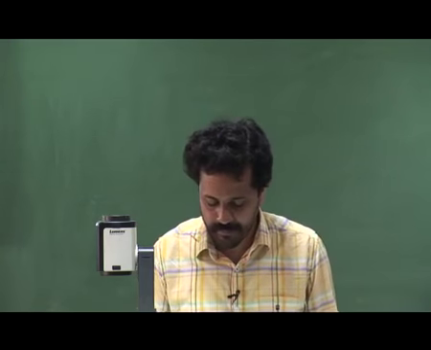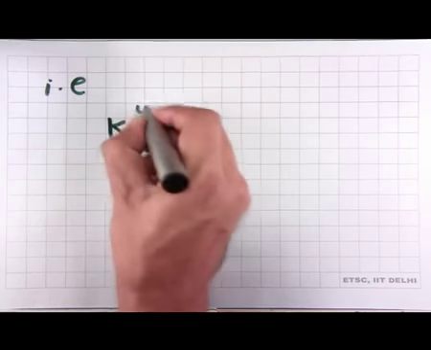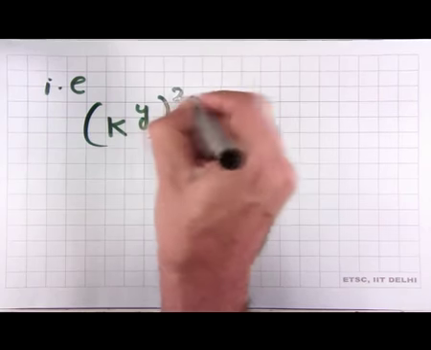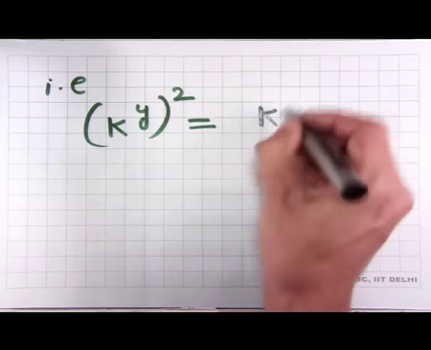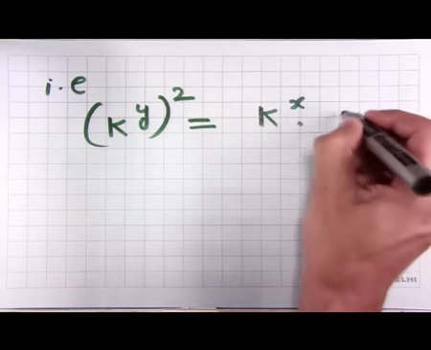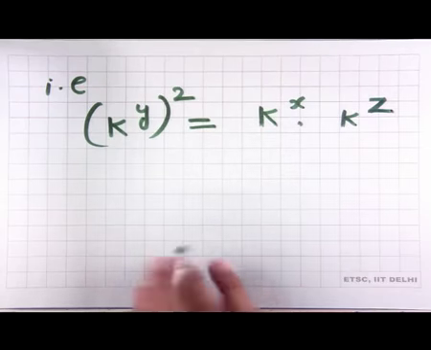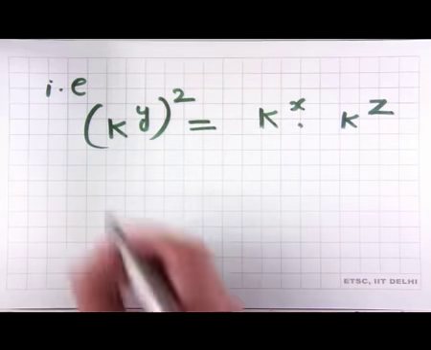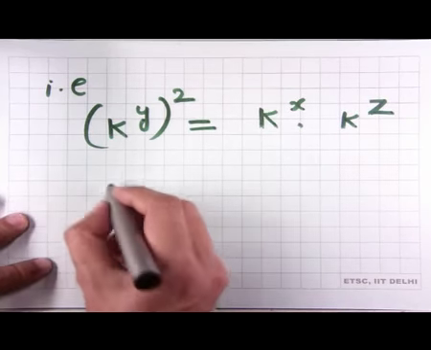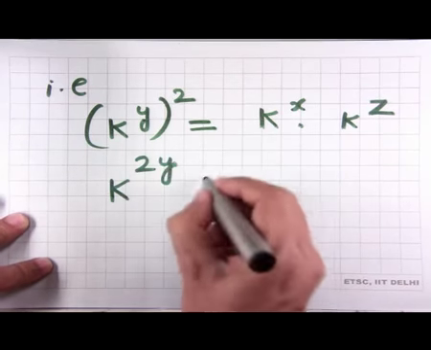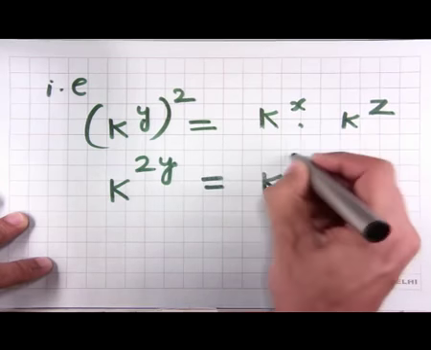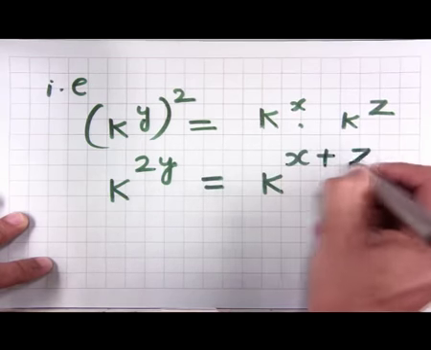That is, b square, which is k power y square, is equal to product of a and c, k power x into k power z. That is, k power 2y equal to k power x plus z.